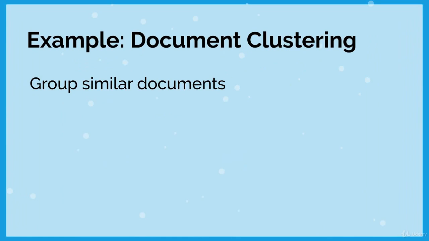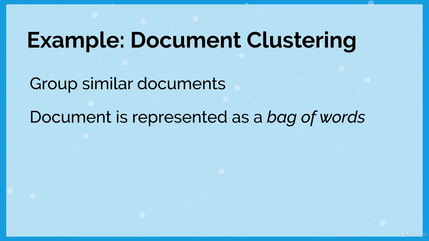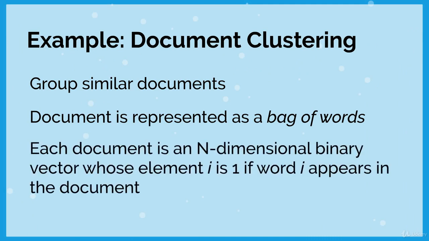Another example would be document clustering. And this is where we're going to try to group similar documents. So a document would be represented as a bag of words in this scenario. We're probably going to remove non-informative words such as of, the, a, and focus on more of the nouns and verbs that would occur. And once we have that bag of words, that bag of words would be used as an n-dimensional input.